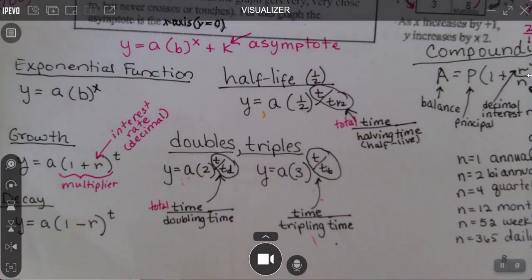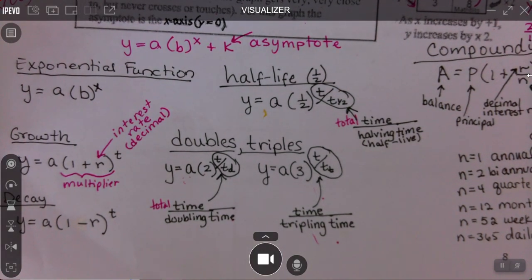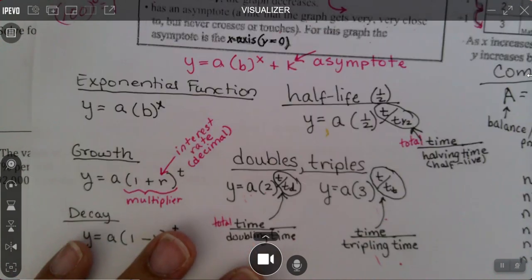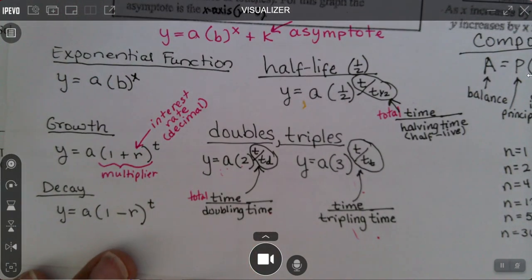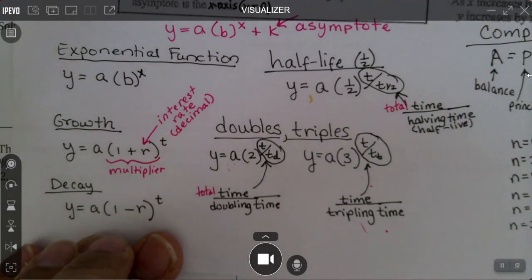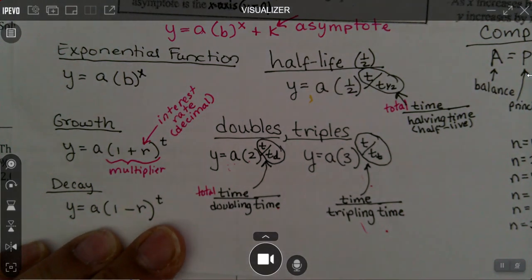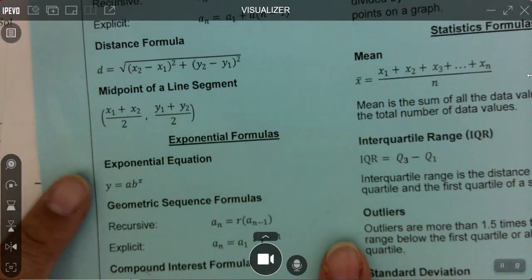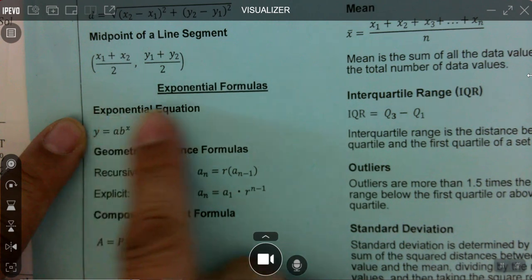So you're not linear, you're not quadratic. 15% means it's going to be exponential, but which exponential? It's decay. Is this going to be in the formula sheet for you? No, it's not. In fact, you should take out your formula sheet. What's the only thing that is in the formula sheet?